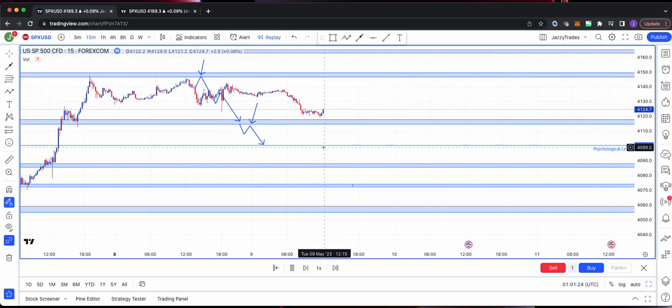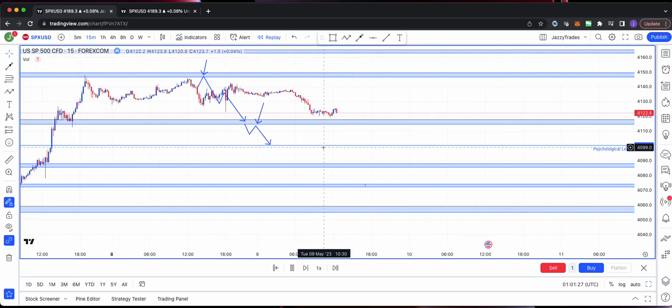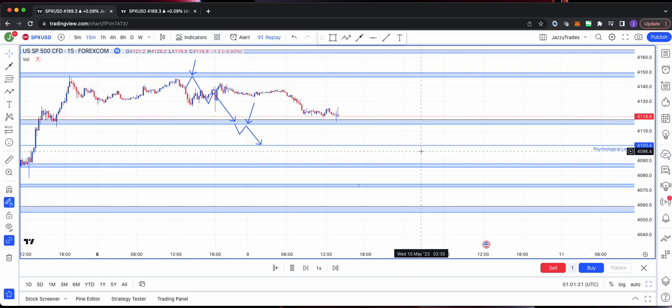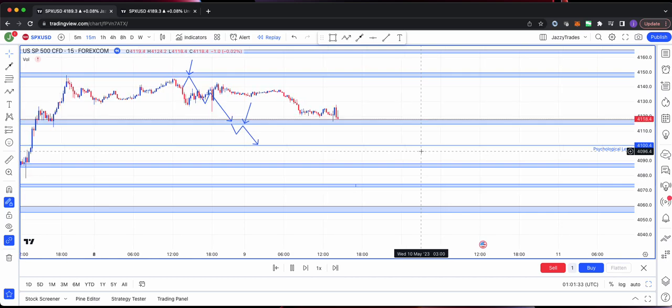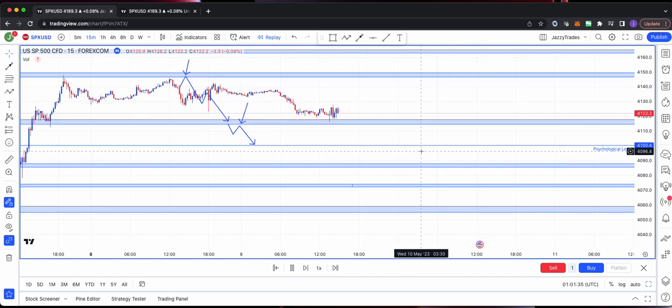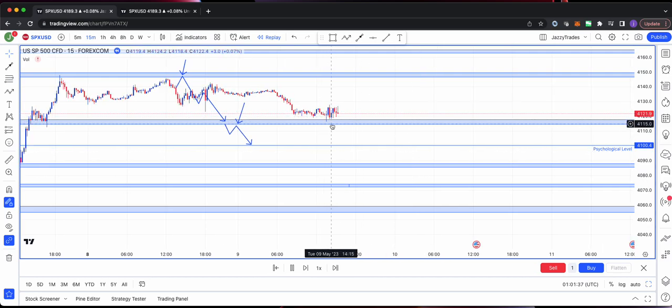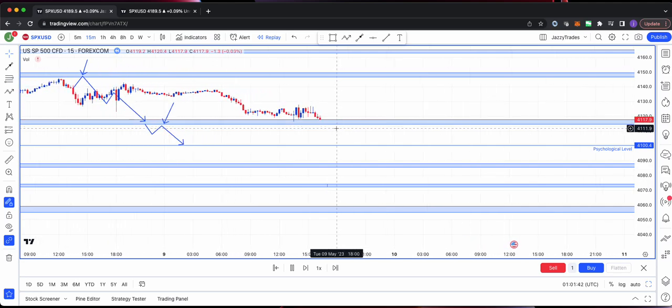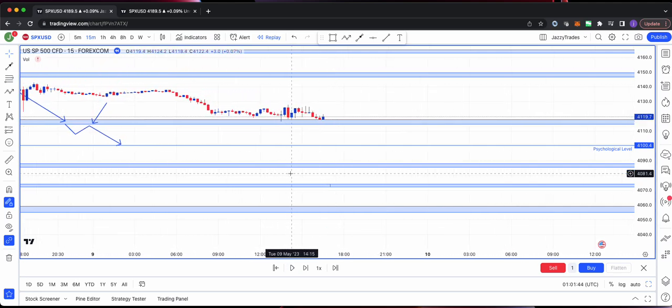So let's see what happens now. I'm interested in seeing what happens. We're in the 15 minute chart. Okay, bulls are trying to hold it here. Are you telling me that was the price action on Tuesday?